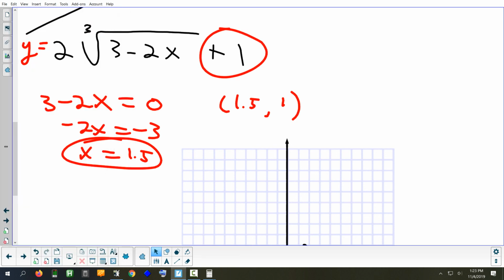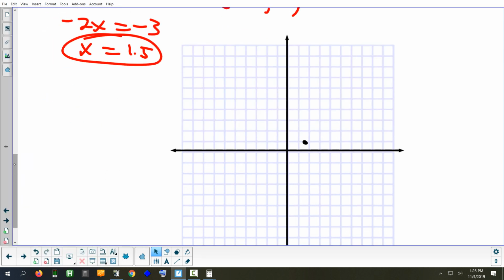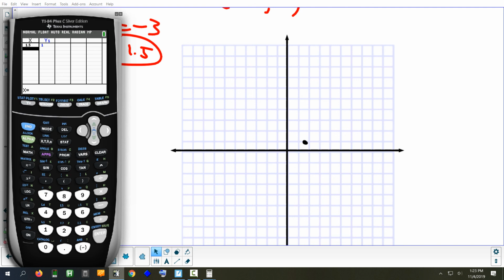What would be some other good points to check that would fit on my graph? 0. Yep, 0 is good. We're going to do maybe 6 or 7 points. What else? -2. Another one? 3. Another one? 4.